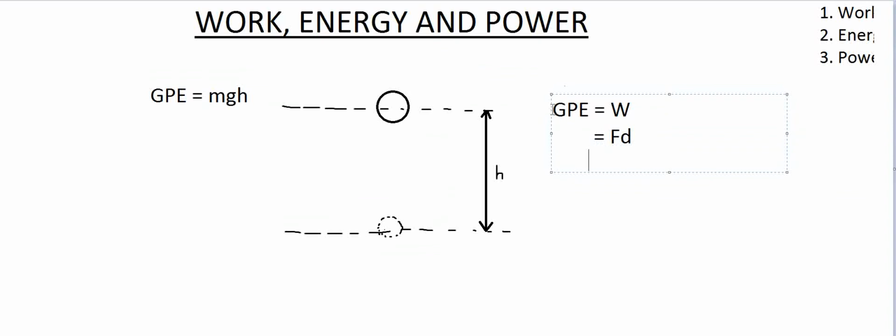Use F equals ma times the distance. Here a is basically the acceleration due to gravity, g, and d is basically h. So GPE equals mgh.